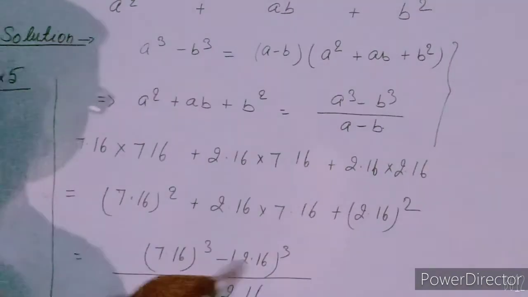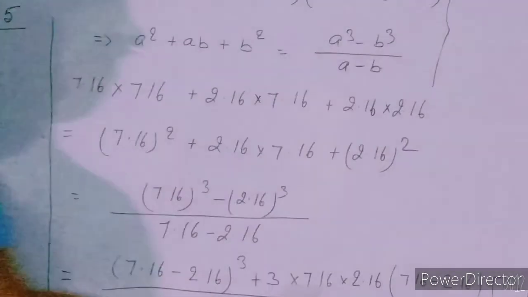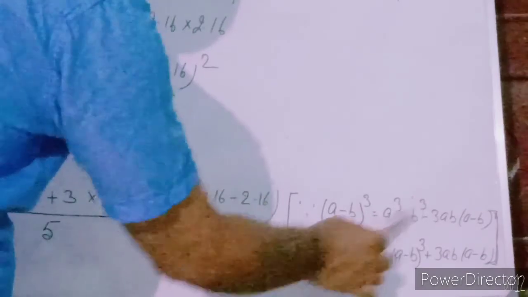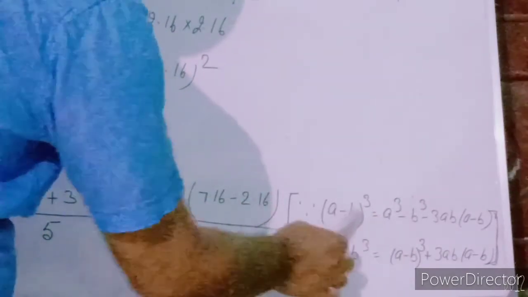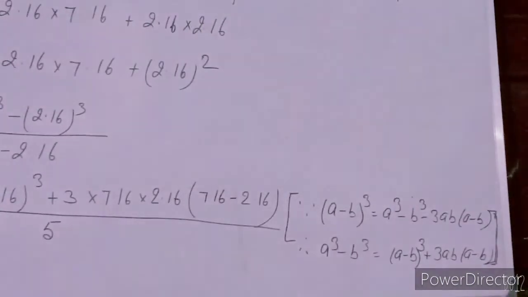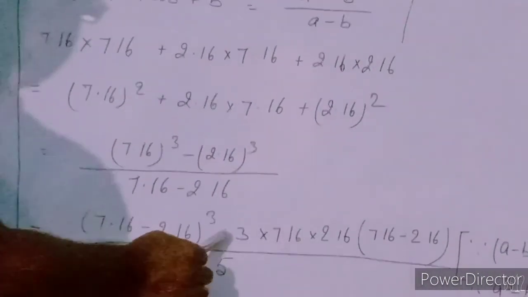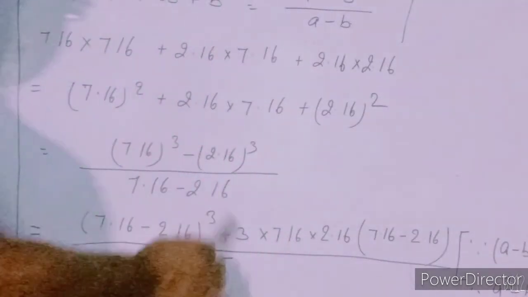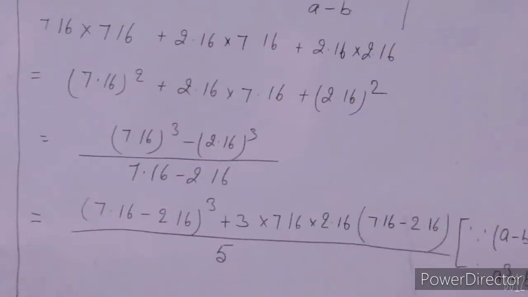Again I wrote this A³ - B³ on the basis of this formula: we know (A - B)³ = A³ - B³ - 3AB(A - B). So A³ - B³ equals (A - B)³ + 3AB(A - B). I wrote it in this form, and this subtraction became 5.